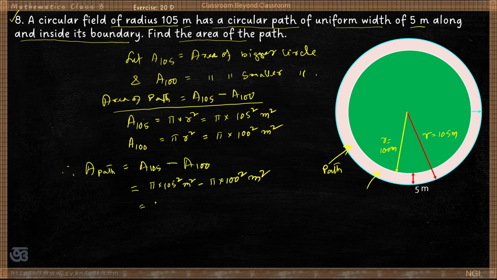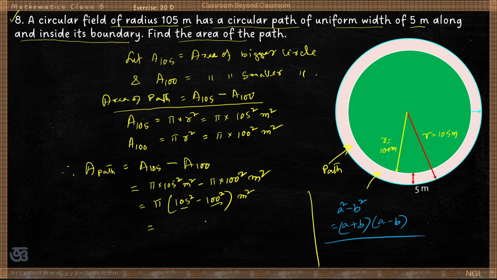Now we can take pi common, then it is 105 square minus 100 square. Here you see the formula a square minus b square is equal to a plus b multiplied by a minus b.